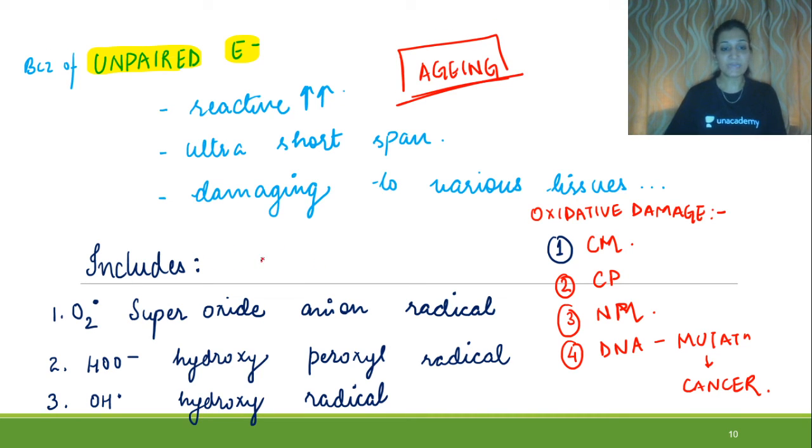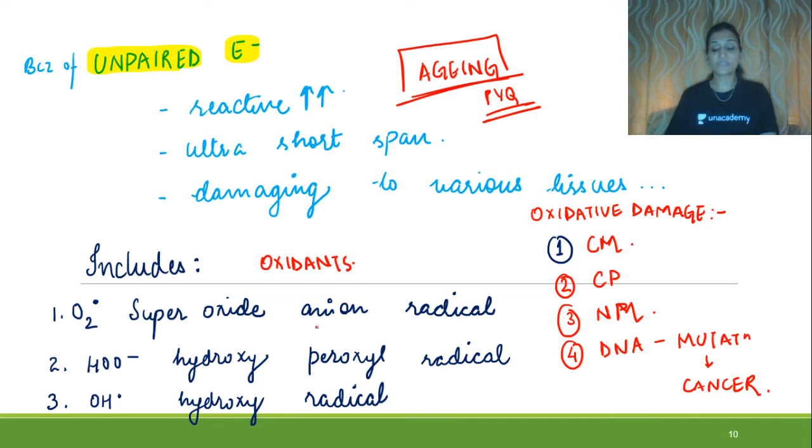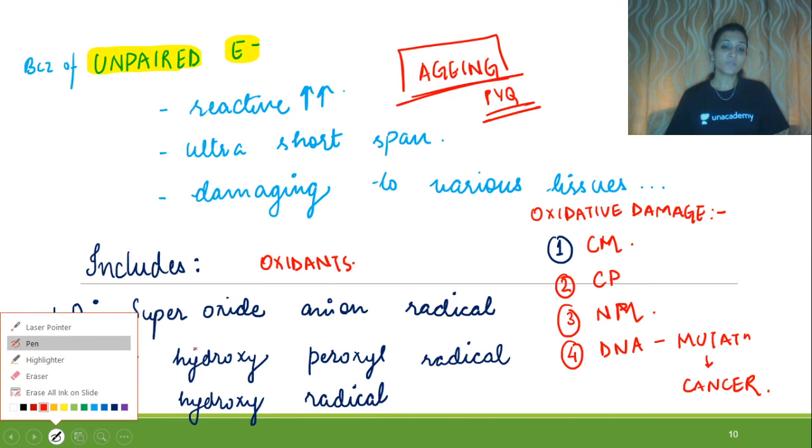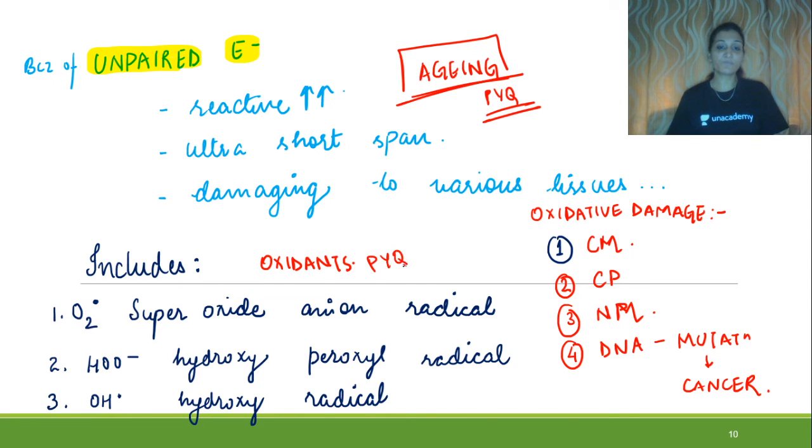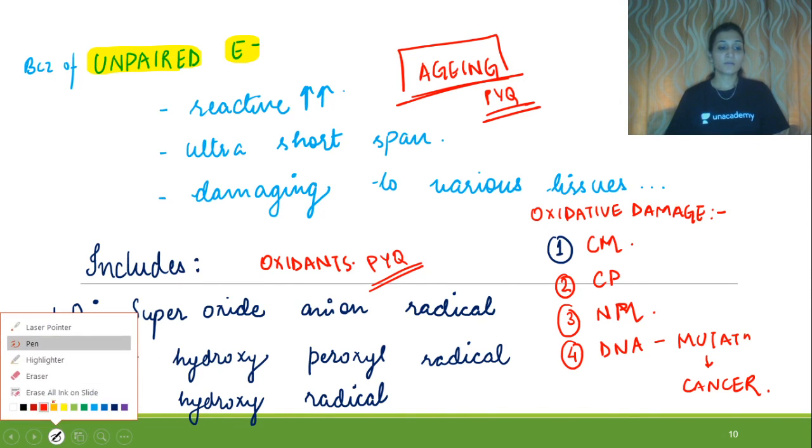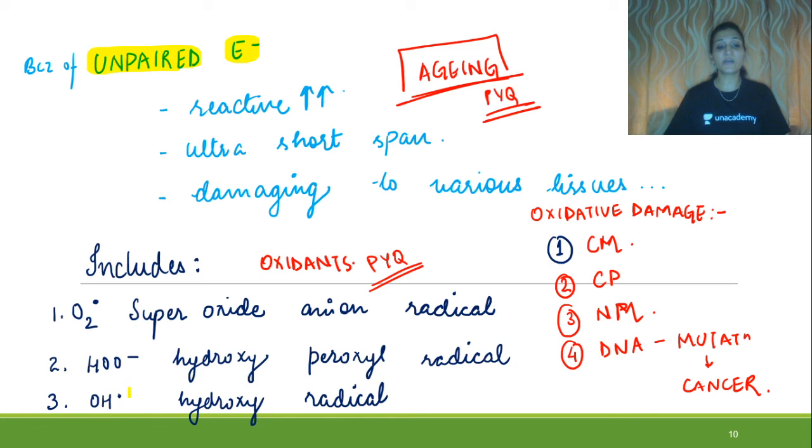Now if we are seeing a list of oxidants, a very important PYQ related to the list of oxidants is: which is the most potent free radical in the human body? Again there is a PYQ, which is the most potent amongst all.